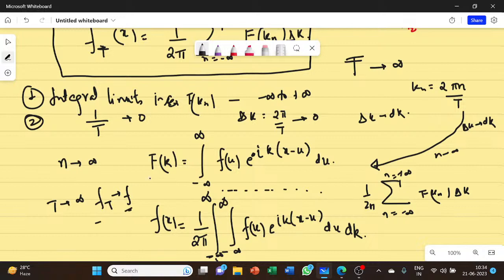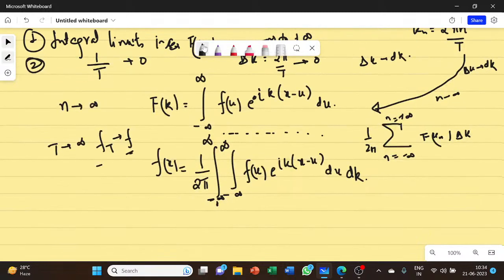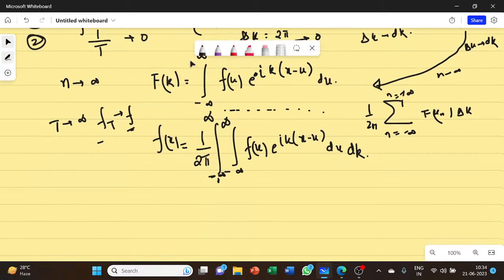Okay, so f of x after all can be written as 1 upon 2 pi, integral from minus infinity to plus infinity, integral from minus infinity to plus infinity of f of u, e to the power iota k times (x minus u), du dk. And what I'll do, I'll simply write it in this fashion.